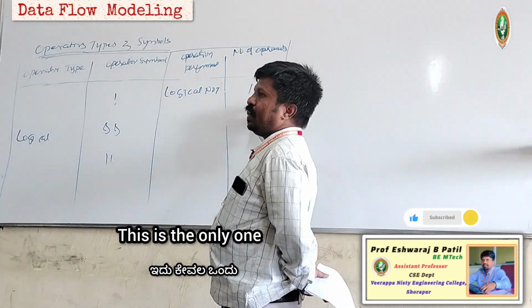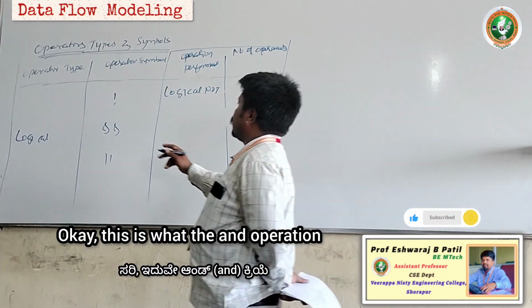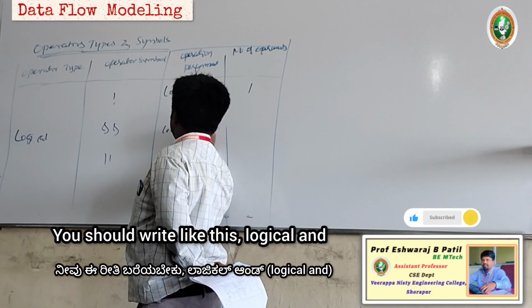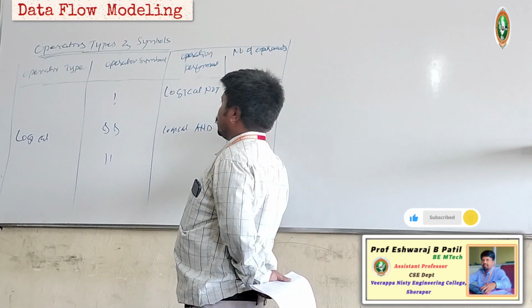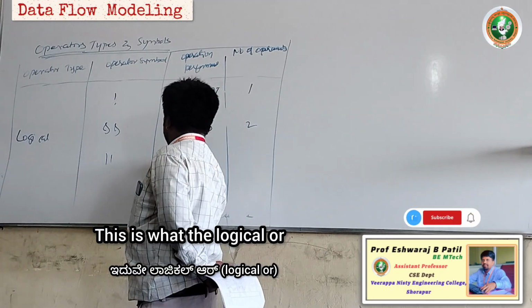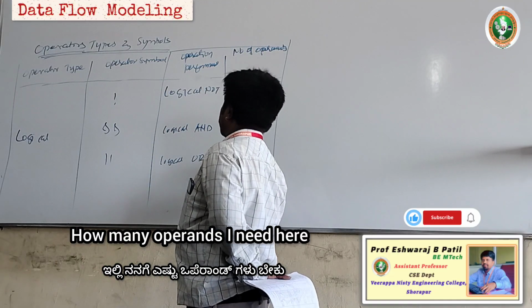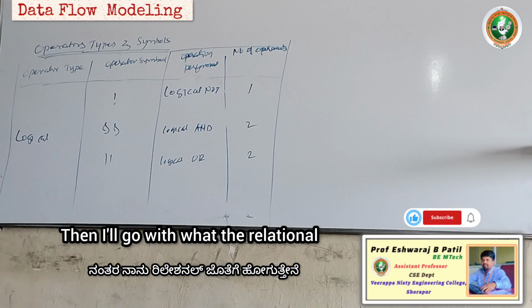Only one. This is the only one which is having only one operand. This is the AND operation, the logical AND. How many operands do I need here? Two operands. This is the logical OR. How many operands do I need here? Two.